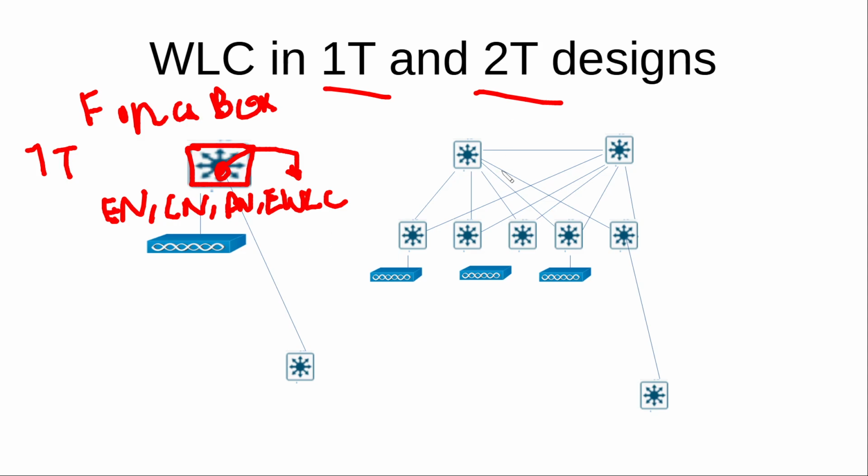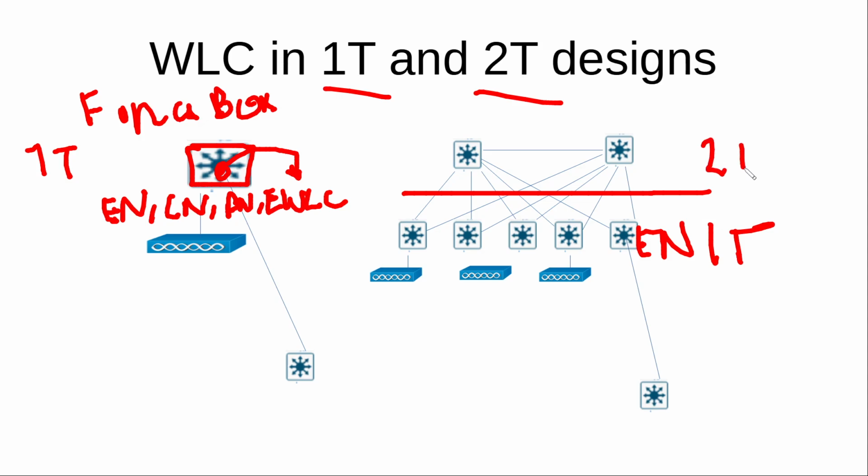Now for small sites as well, you can choose to go for a 2-tier design, and in the first tier you have your edge nodes, and in your second tier you have your border nodes that at the same time are control nodes, and as virtual machines you can run your embedded wireless LAN controllers there.